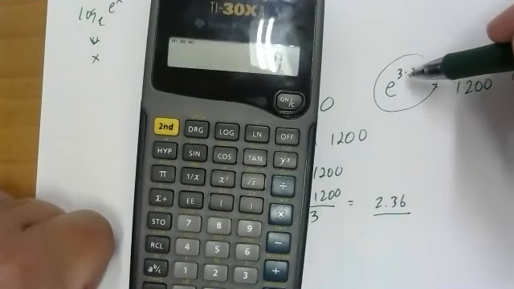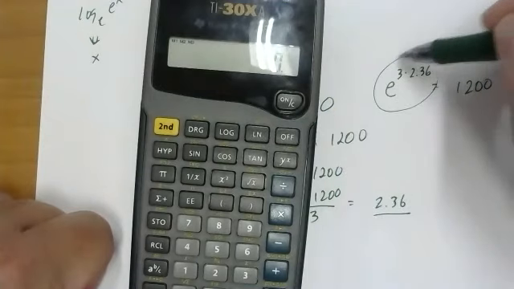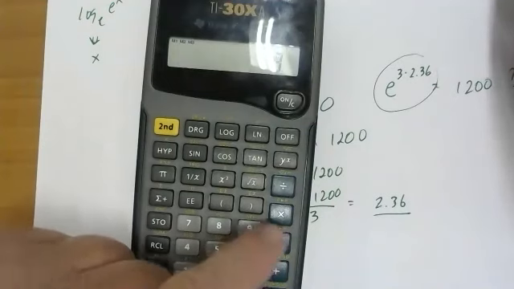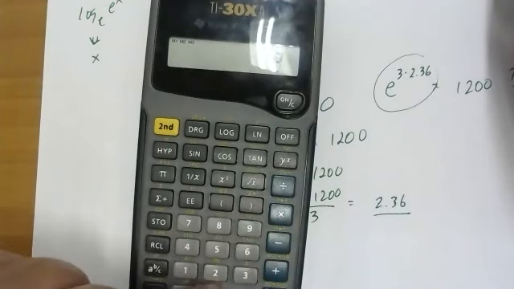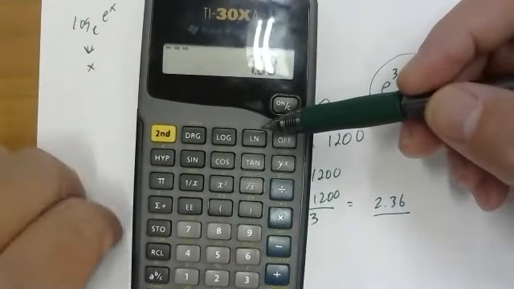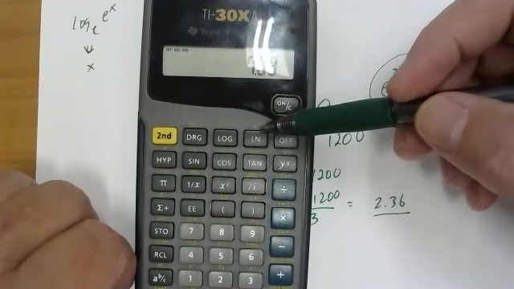So on my calculator, I'm going to multiply 3 times 2.36. And then I have a key that turns it into this exponential function. So 3 times 2.36 equals, and if you can see this little yellow right above the key is e to the x.